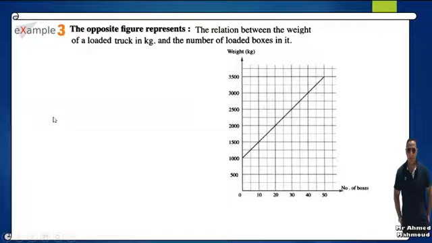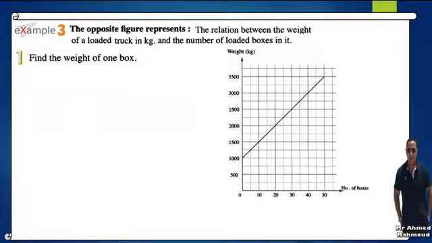Okay, the first question: find the weight of one box. To find the weight of one box, we are going to find the rate of change, or the slope. Before finding the slope, we need to find 2 points on the straight line.